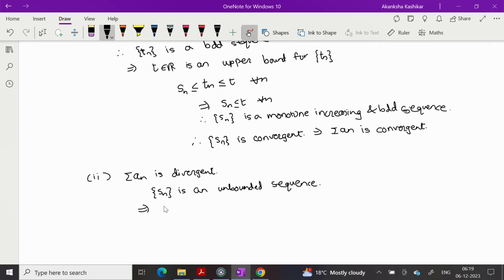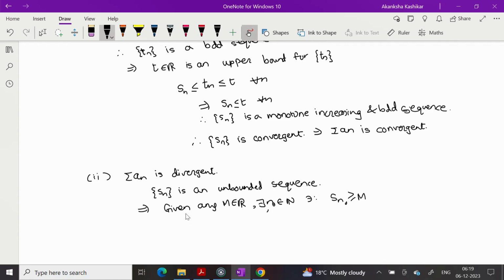This implies that given any real number m in R, we can always find at least one Sn larger than that m. Given any m belonging to R, there exists n naught in N such that Sn naught is greater than or equal to m.